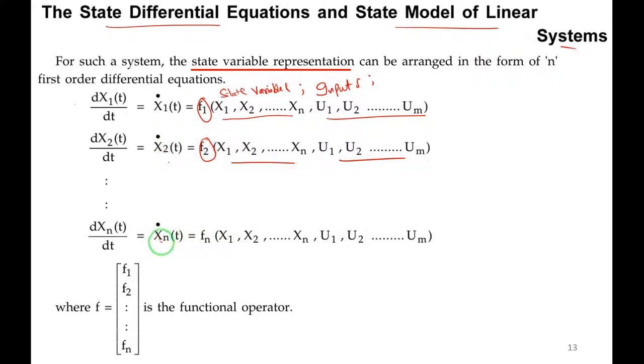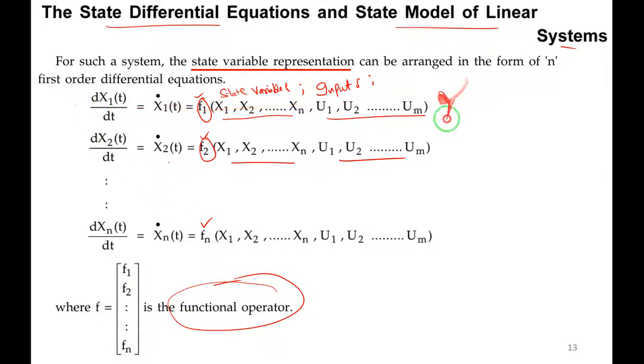Similarly for xn. Here you can observe f1, f2 and fn. This is the functional operator. It is the function that is operated on the state variables and inputs. So f is another vector, f1, f2 and so on, fn, which we call the functional operator.